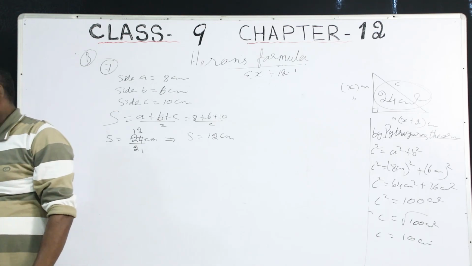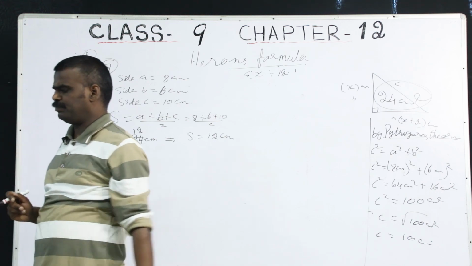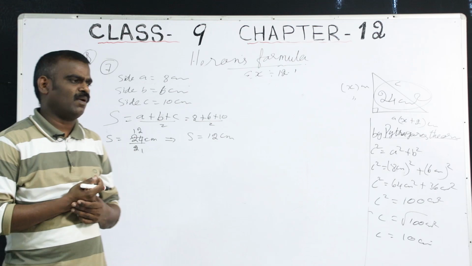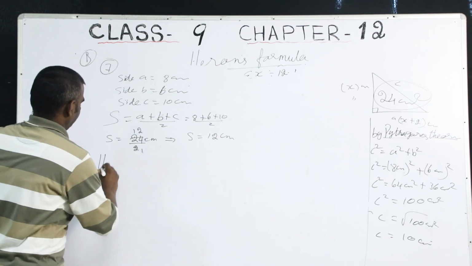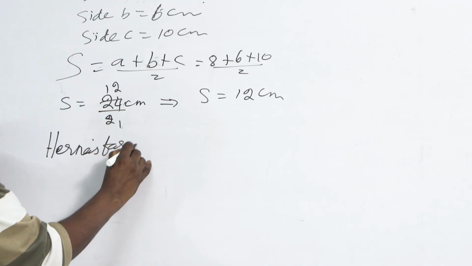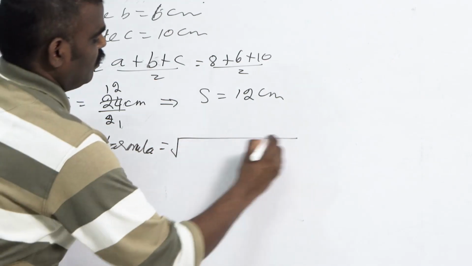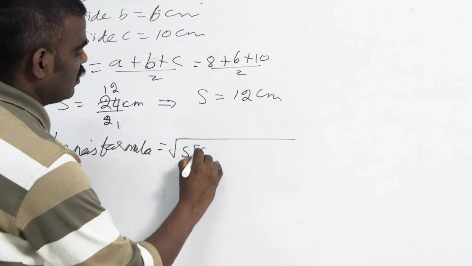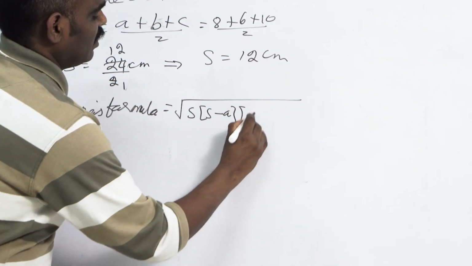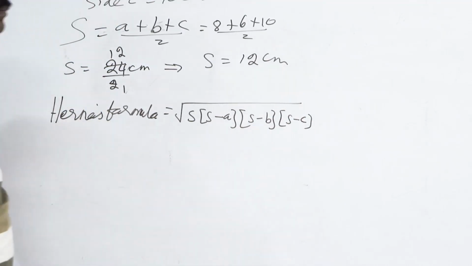Okay. Now, Heron's formula. What is Heron's formula? Root of S into S minus A, S minus B, S minus C.